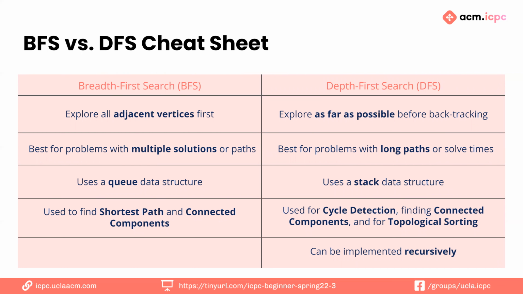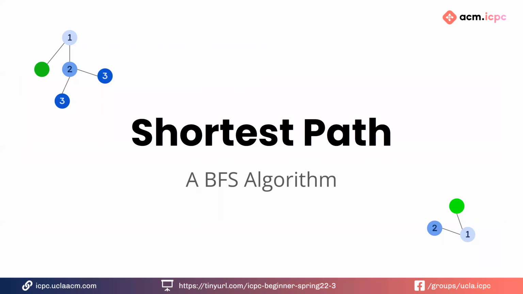BFS explores all adjacent vertices, or the closest vertices first. And yeah, it can be used for shortest path because of that property, because it finds the closest ones first. And then DFS searches as far as possible before backtracking, as I said. And it can be implemented recursively, which is really cool.